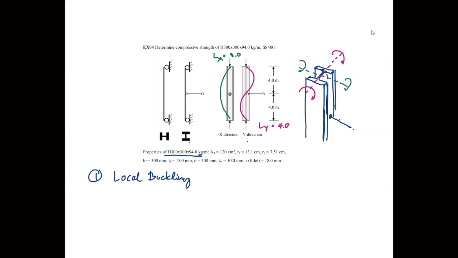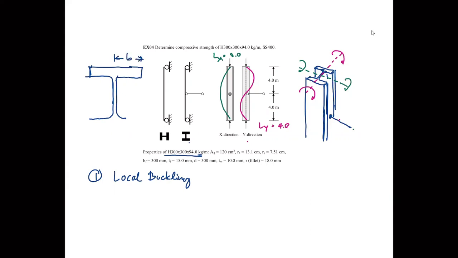I forgot to mention one thing yesterday, that is, when you look at this section, how to draw it so that you can feel it. Okay, the web is kind of thin always, but the flange is huge, thick. When you consider the slenderness ratio of the flange, is it this distance, B, right?